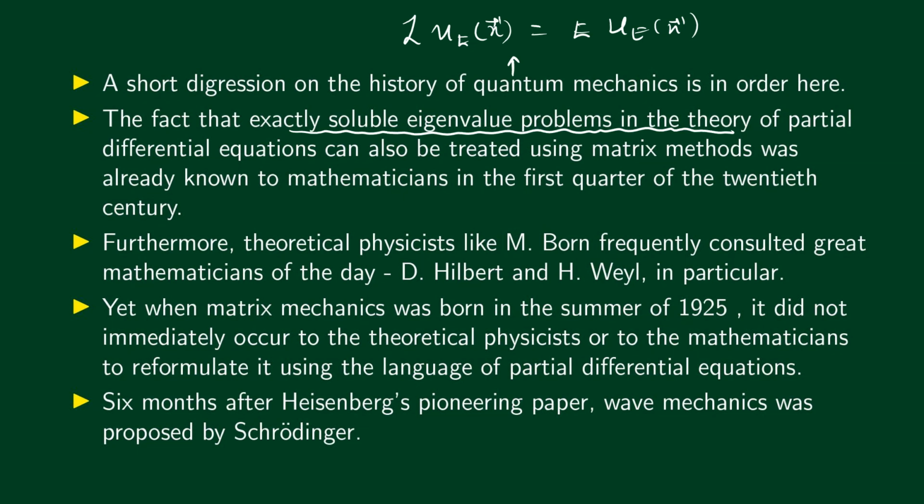But this is not how it happened. Schrodinger actually came to this wave mechanics, this partial differential equation, this eigenvalue equation independently. He did not start with matrix mechanics and try to write it in terms of partial differential equations. He came to this Schrodinger equation in a completely different way.